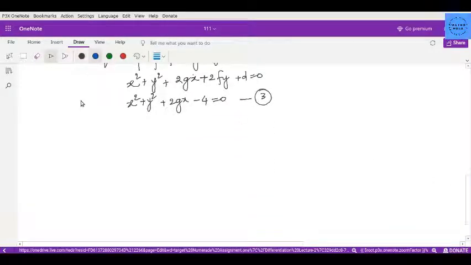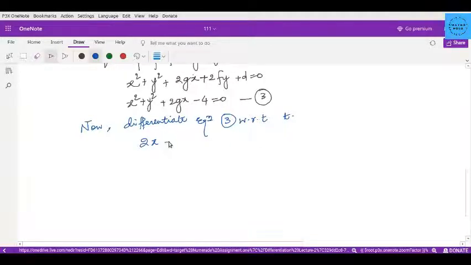Now carrying forward, we have to differentiate equation 3 with respect to x, because here we are differentiating this third equation with respect to x.